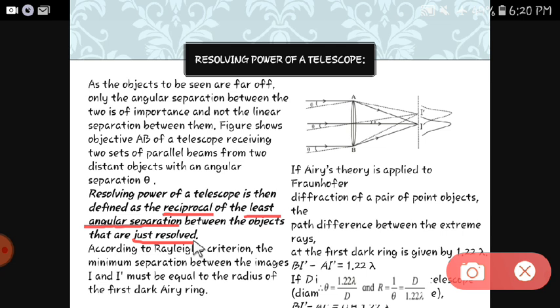Alright, now according to Rayleigh's criterion, the minimum separation between the images I and I dash must be equal to the radius of Airy's disk.